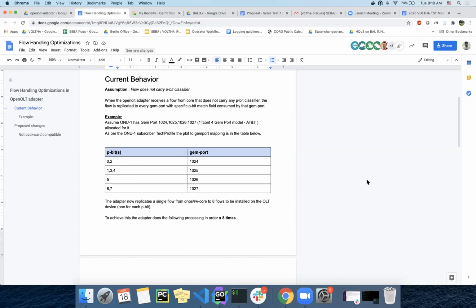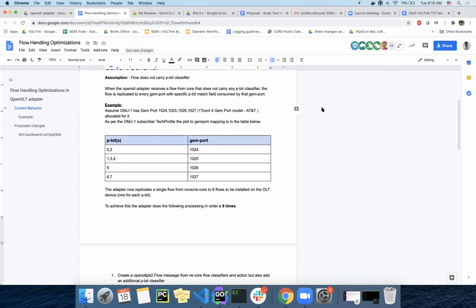The Broadcom BAL flow would actually require a gem port classifier as well. So when you install the flow, you have to say which particular gem port this flow caters to. And in theory, you could have packets landing on any particular gem port, so you have to have the classifier of the p-bit as well as the gem port in the flow.